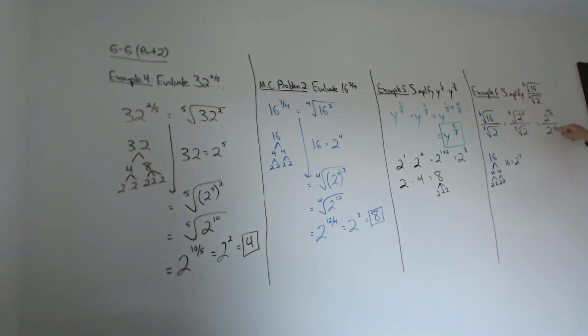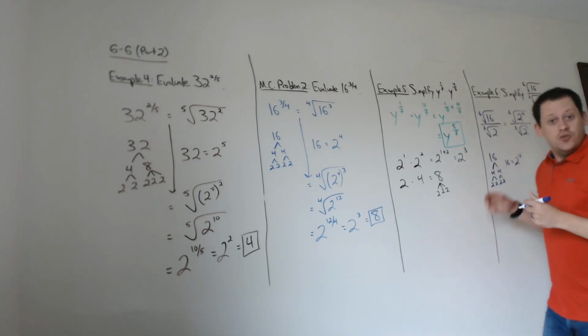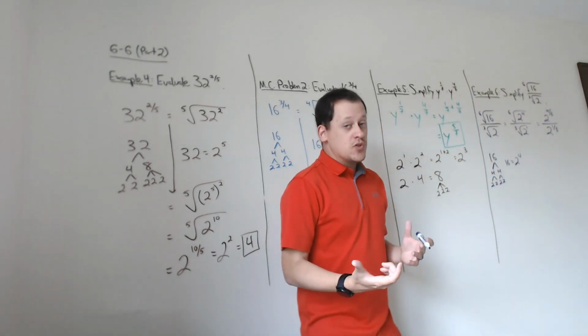What exponent is here? Well, this is a 3, but what is the exponent on the 2 here? There isn't really one written here, so we assume it's a 1. So this exponent is going to be 1 over 3. So we've got 2 to the 4/6 power over 2 to the 1/3 power.